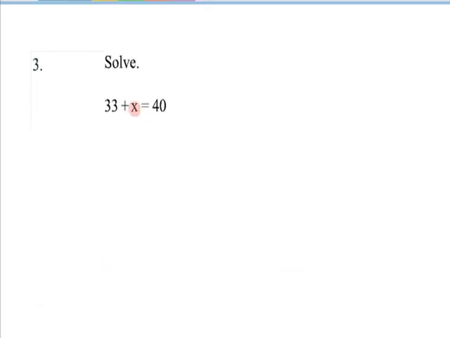This time, the variable, the letter x, is on the left. Okay. I want it by itself. I have 33 I need to get rid of. So I will subtract 33. I still have plus x equals 40, and now I have no choice but to subtract 33. So the side with the variable tells you what to do.